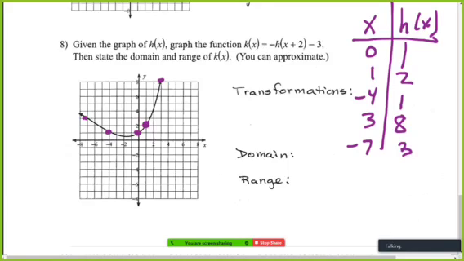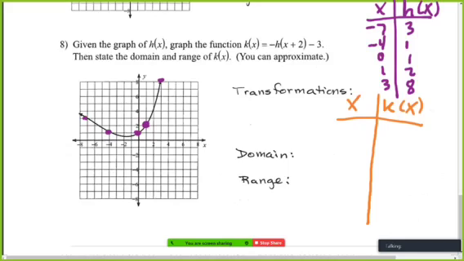Now let's make a table for k of x. I'm going to run out of room here, so let's do it right around here. So we got x, and then we got k of x. Really, hold on one second. All right, sorry about that. I just rewrote that table, and now I'm making a new table for k of x. Remember, k of x is in terms of h of x.